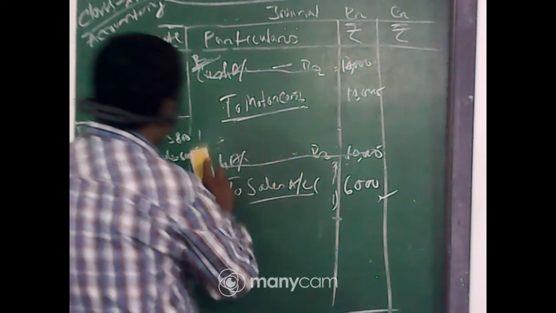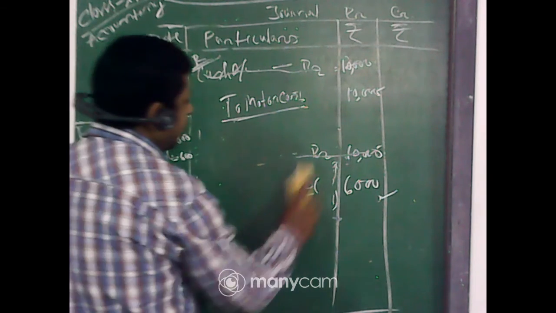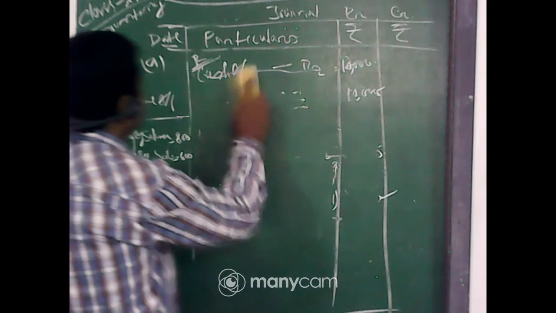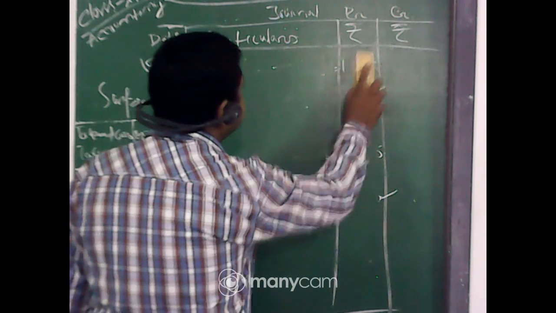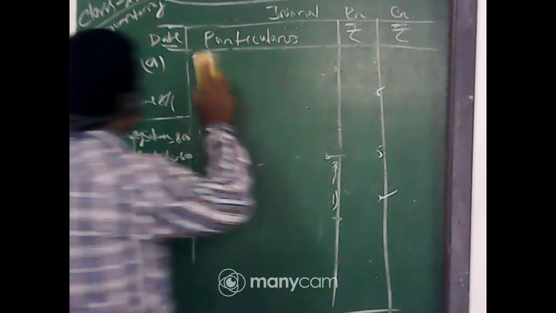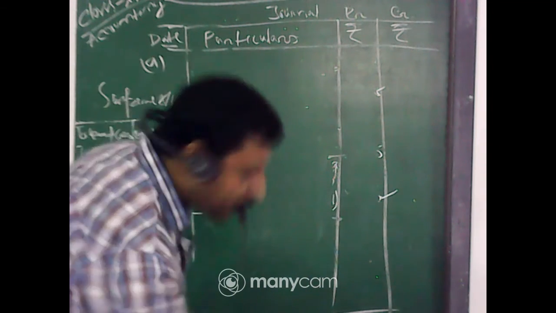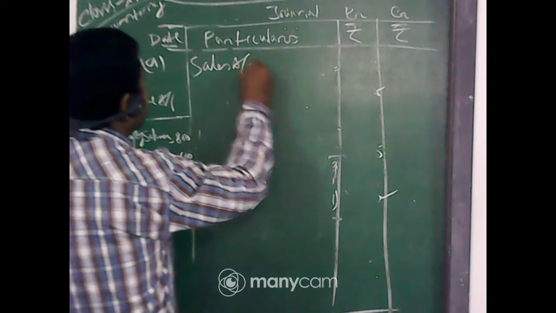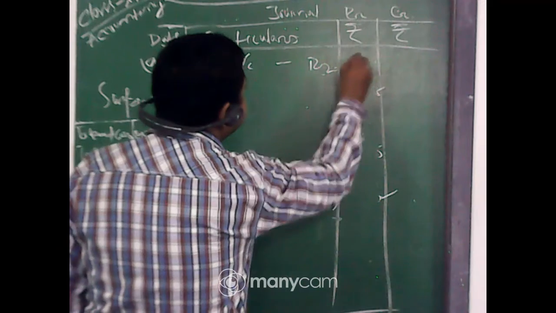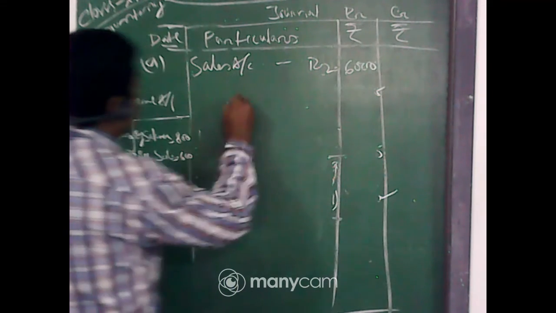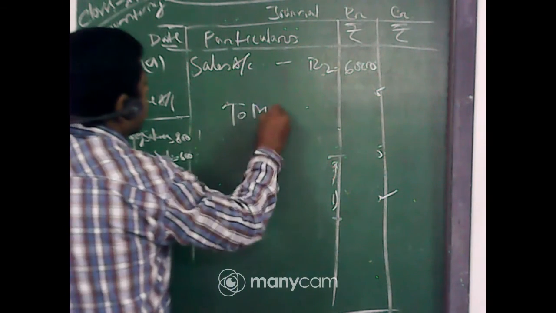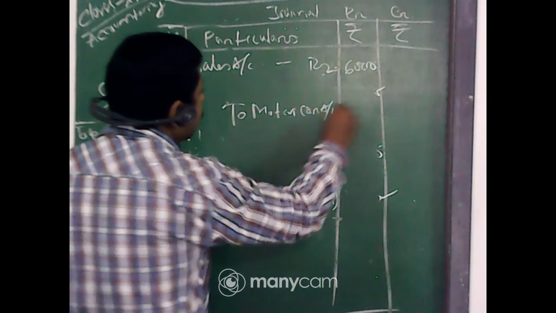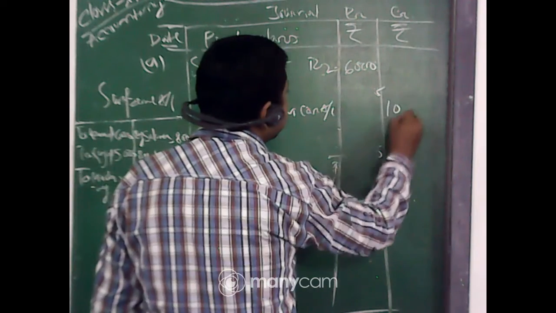The rectification entry we post in the journal is: sales account debit 6,000 to motor car account. Motor car account will be credited 10,000.